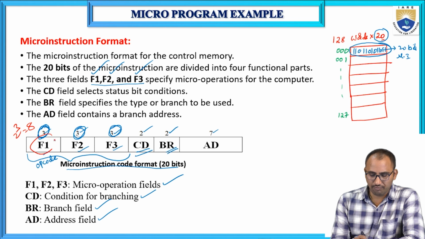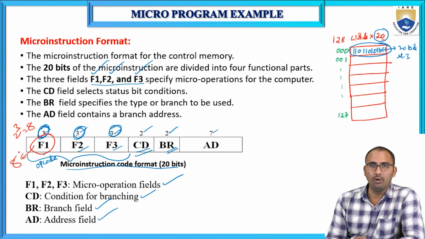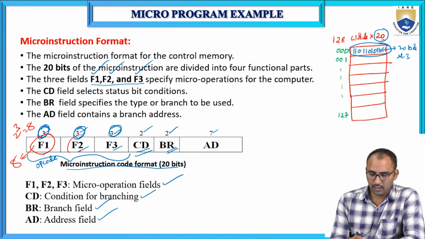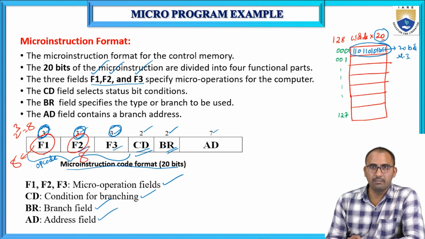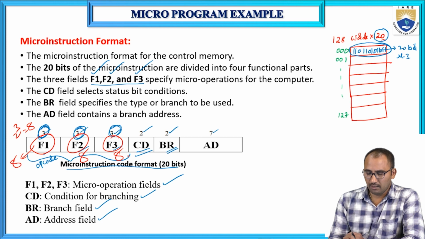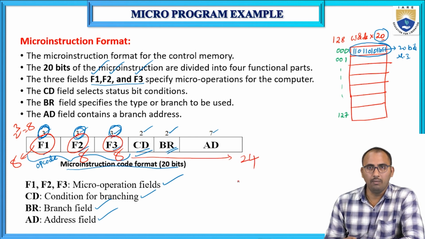So using this F1 field we can perform 8 micro operations. Similarly, using F2 we can perform 8 micro operations, and using F3 we can perform 8 micro operations. So in total we can perform 24 micro operations.